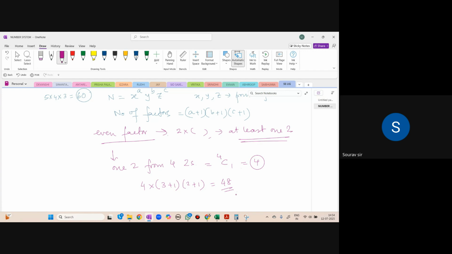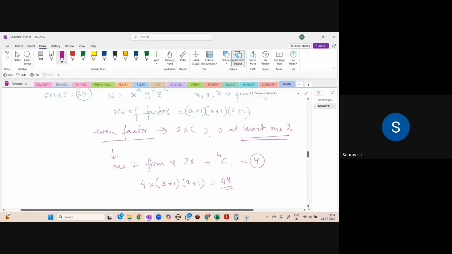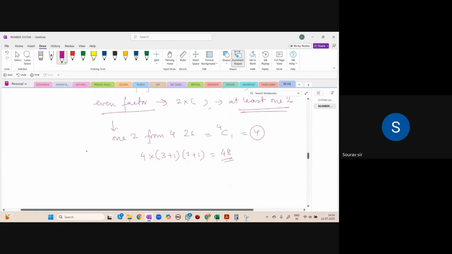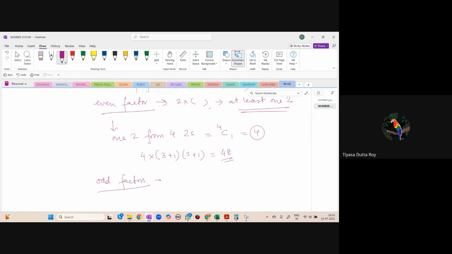Is this clear? Understood? Yes, sir. So therefore, number of odd factors, will it be 12? Yes, 60 minus 48. There can be only two types of factors, right? Even and odd.